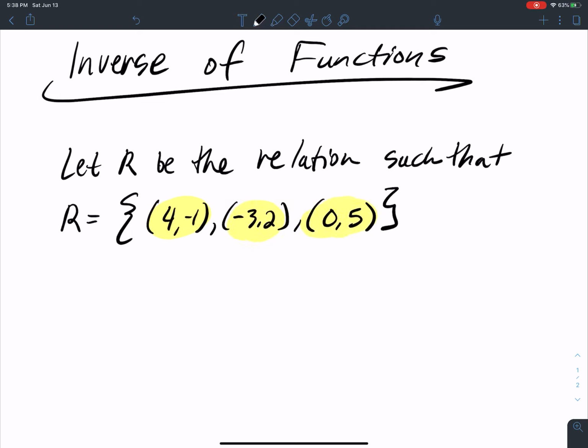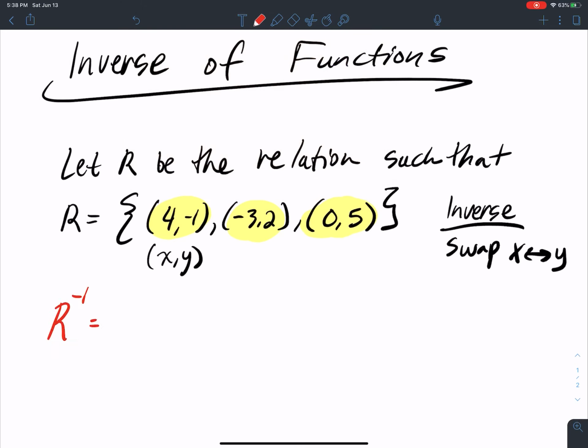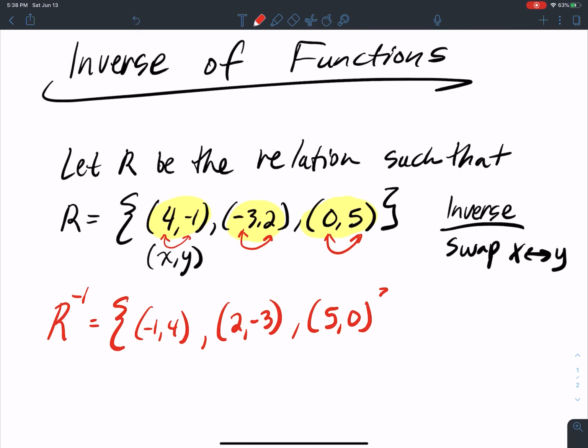And all we have to do for inverses is we swap X and Y. So if you think about an ordered pair in terms of X comma Y, the inverse of this relation, R inverse, would be, well, I swap my X and my Y, so that becomes -1, 4. This becomes 2, -3. And this becomes 5, 0.